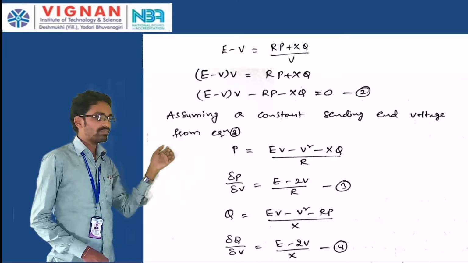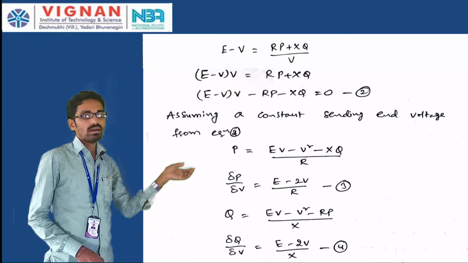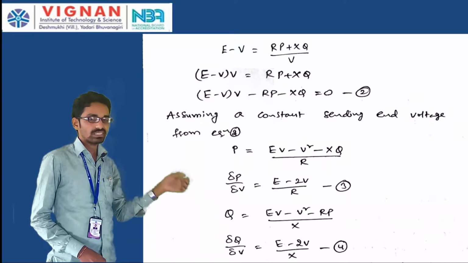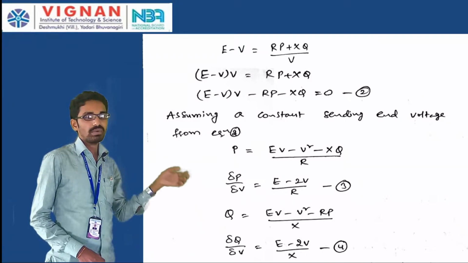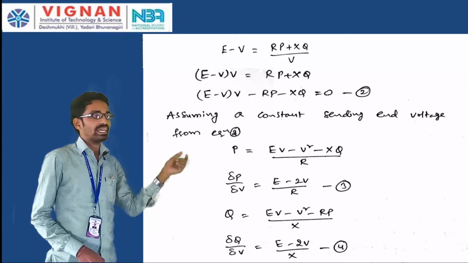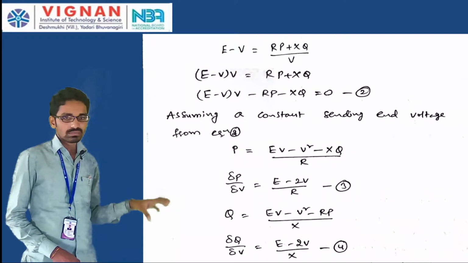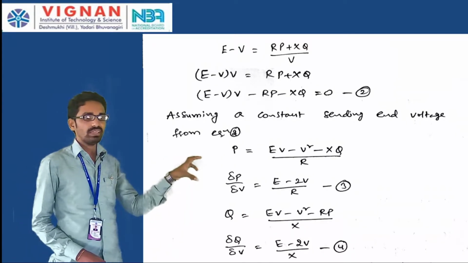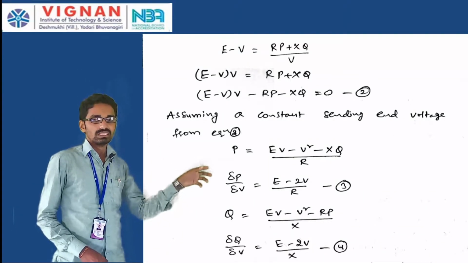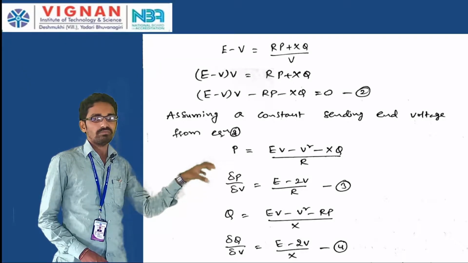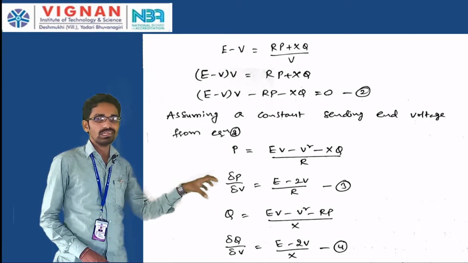If I differentiate this with respect to V, that is a partial differentiation, del P by del V, which is equal to (E minus 2 V) by R. The derivative of E V: E is a constant and the partial differentiation of V is 1.